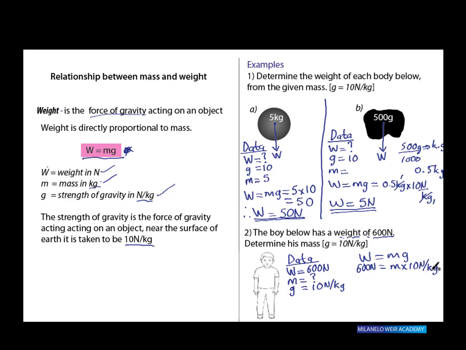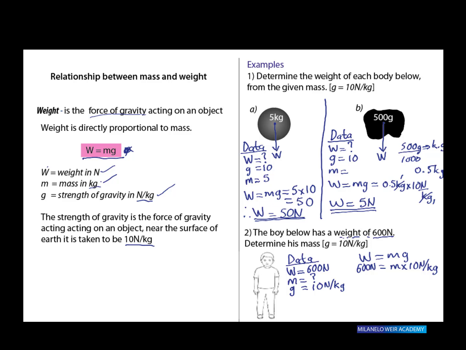We divide both sides by 10 newton per kg because we want to get rid of this. We want to have m on its own, right? We want to liberate it from this. So we are going to divide both sides by this value here.